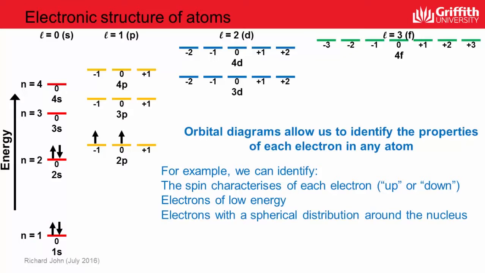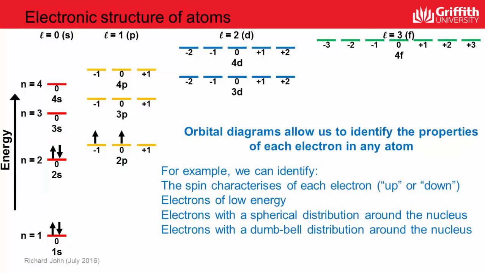We can identify electrons with a spherical distribution around the nucleus. For example, these 4 electrons all exist in s subshells, meaning they have a spherical distribution around the nucleus. We can identify electrons with a dumbbell distribution around the nucleus.